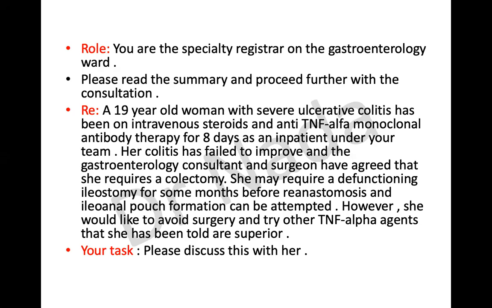After some months, we do another procedure to reconnect this part of the opening to the back passage. Okay, do you understand, or do you want me to explain more about it?